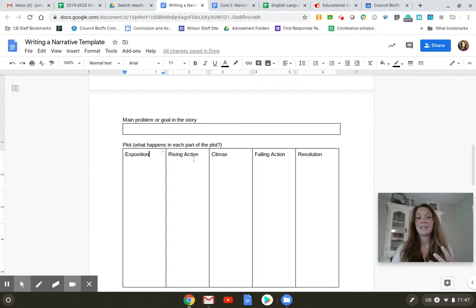Then we have our rising action, where some events happen that lead up to this big climax where there's a turning point in the story and something eventful happens that really makes us continue wanting to read, right? And that's called our climax. And then we have our falling action, where the events that are happening are leading us into our resolution. So that's what plot is, just a real quick overview.